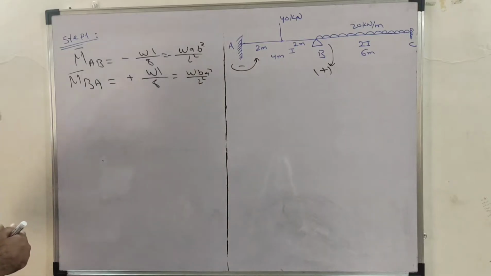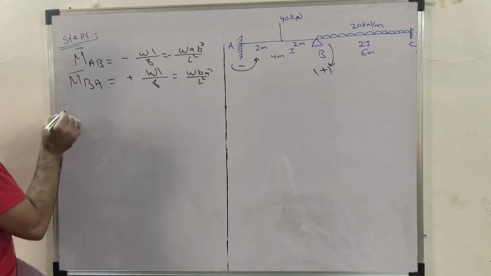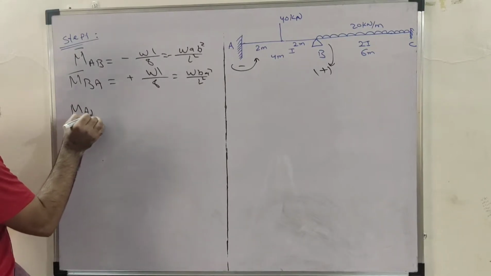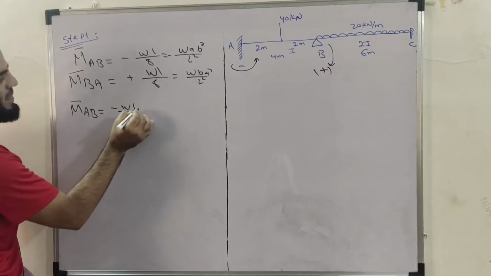Now we find the fixed end moment at A. Moment AB fixed is equal to minus WL by 8.